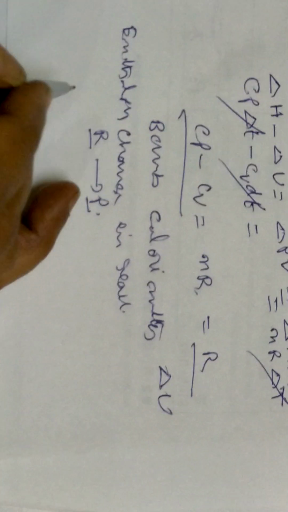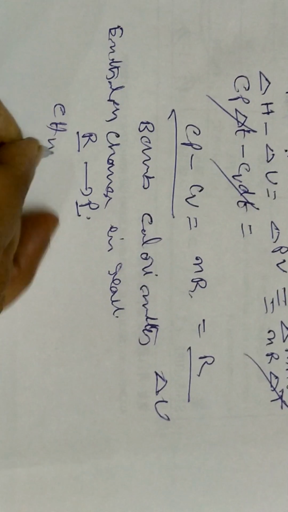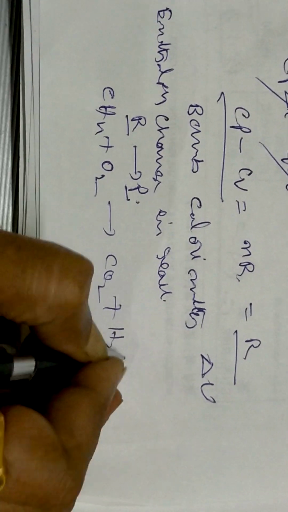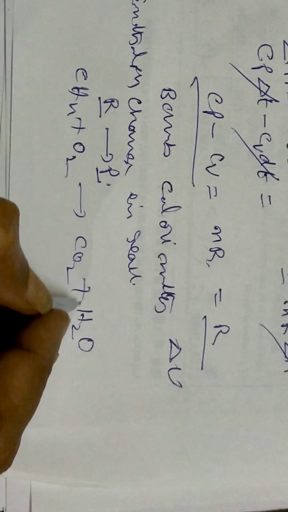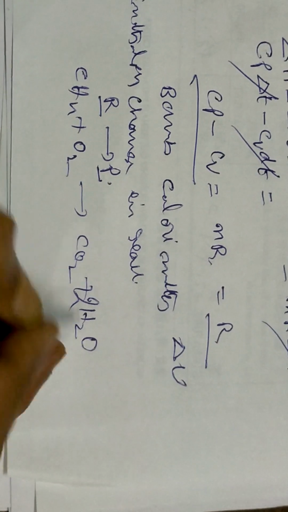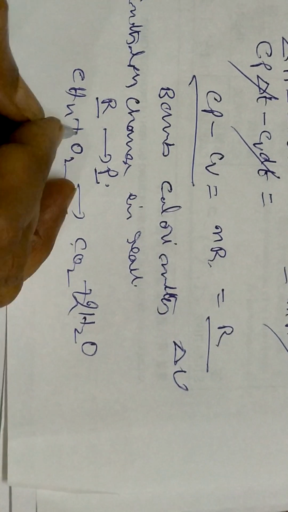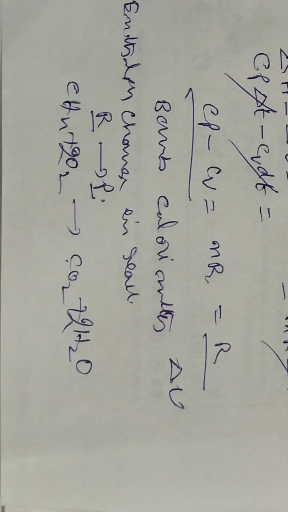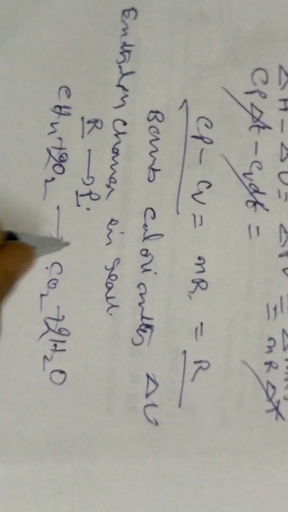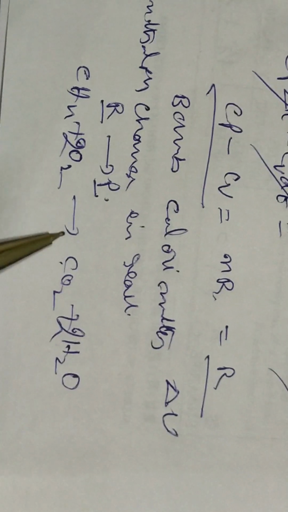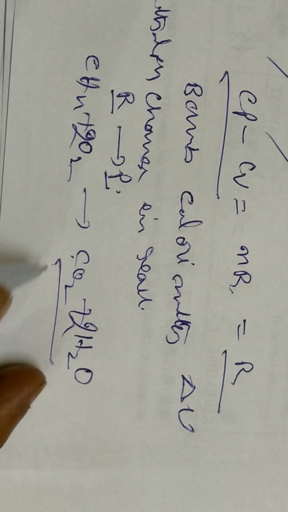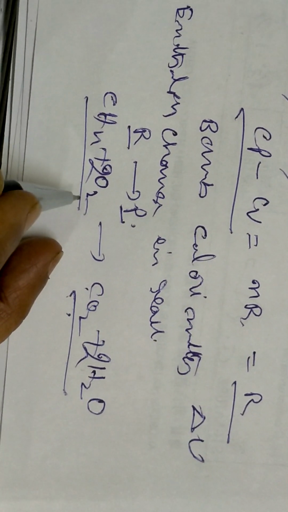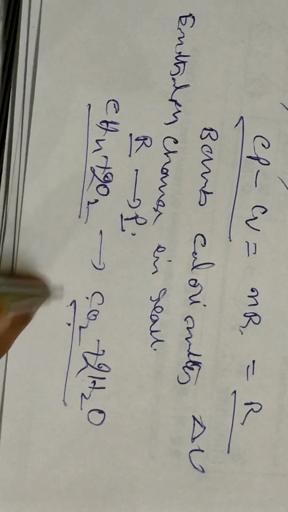Methane gas reacts with oxygen to give carbon dioxide plus water. Two oxygen is sufficient, so 2 O2 and 2 H2O. Always balance the equation first, then write. So the reaction enthalpy is products enthalpy minus reactants enthalpy.